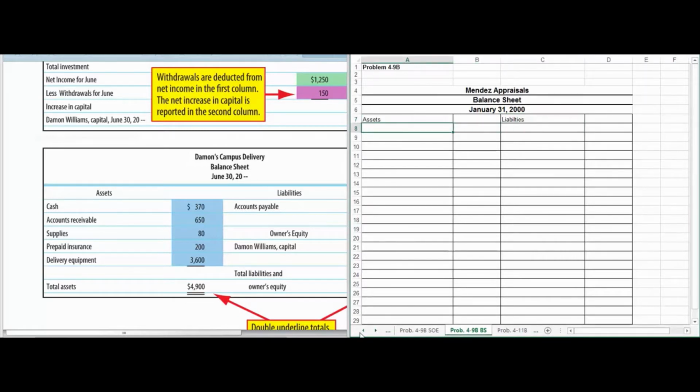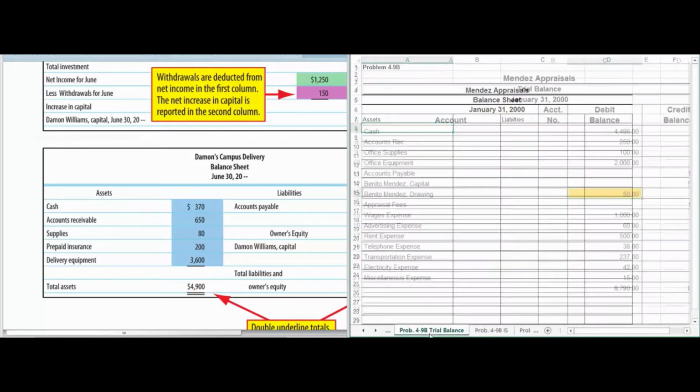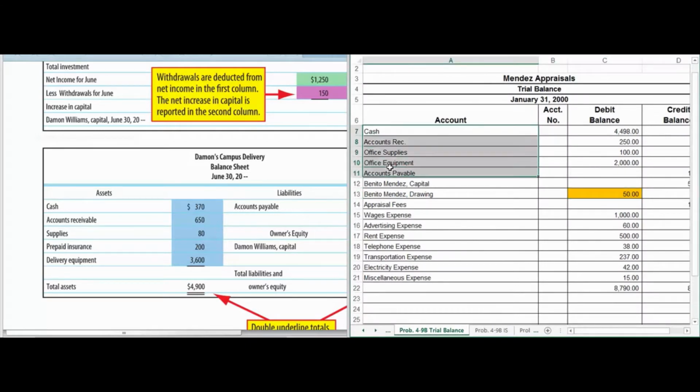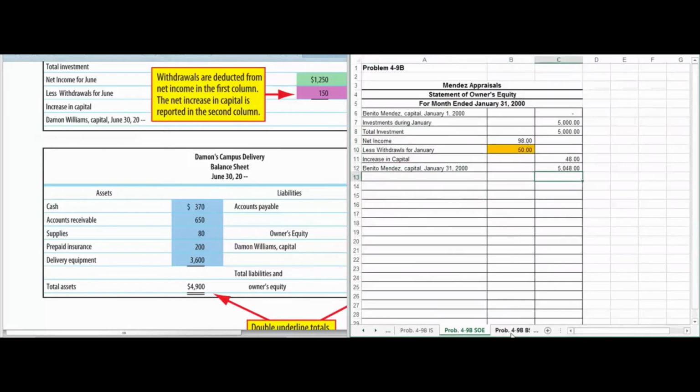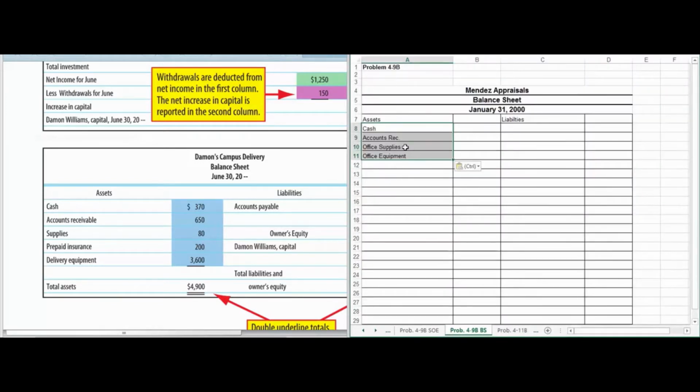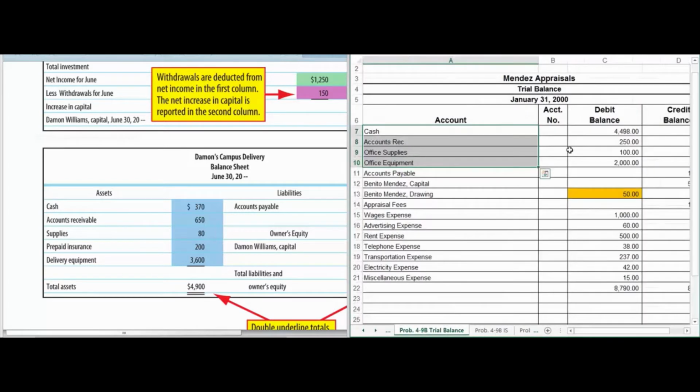So I'm going to go back to the trial balance, and I'm going to copy our asset accounts. Center these. Okay, now I'm going to go back to the trial balance and copy the amounts.